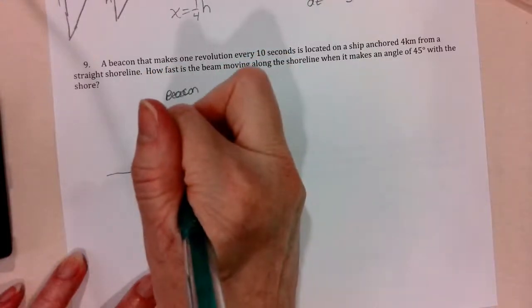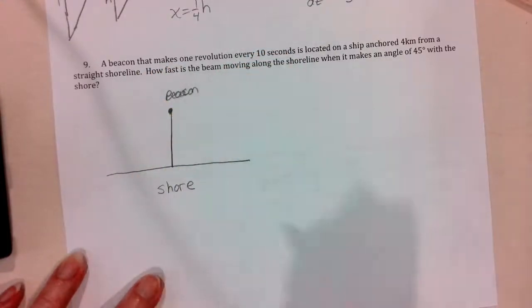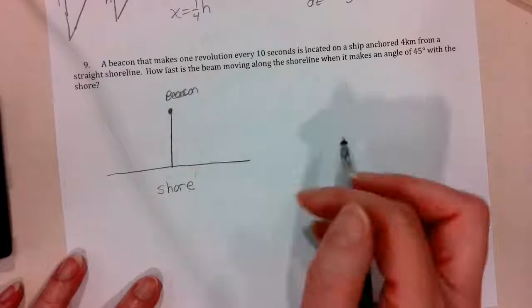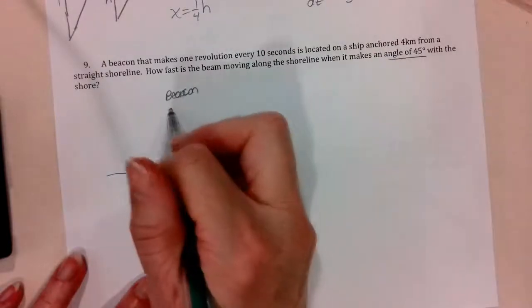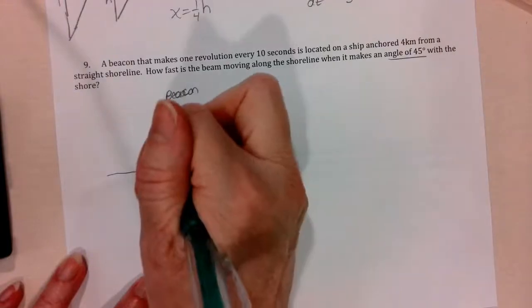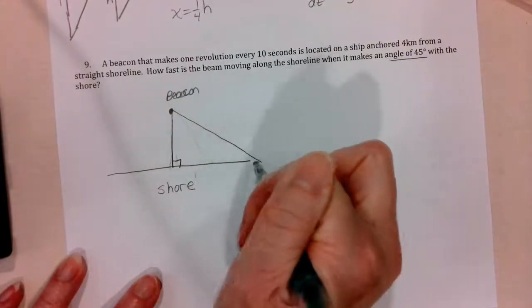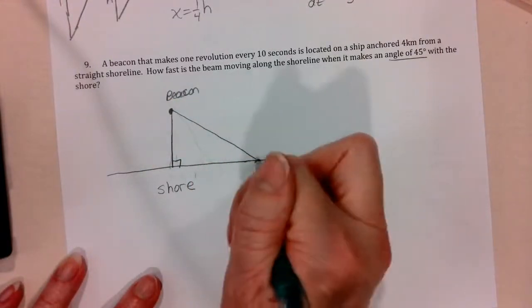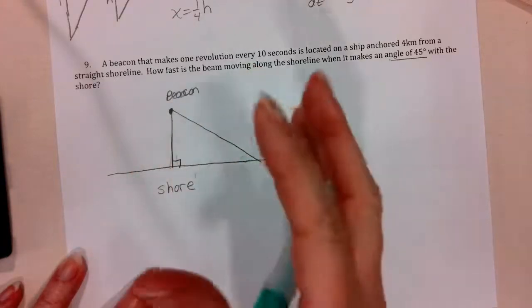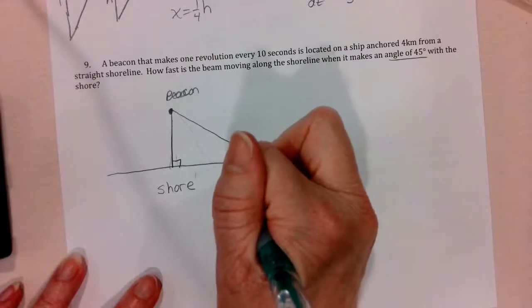And what happens is the beacon is going to turn and the beam of light will hit the land at different points, at many points. What we care about is that it's directly across and makes a perpendicular, and then at a moment it's going to go over here and connect with the shoreline to make a 45-degree angle. But this is only at a brief moment in time, so it's a changing length.